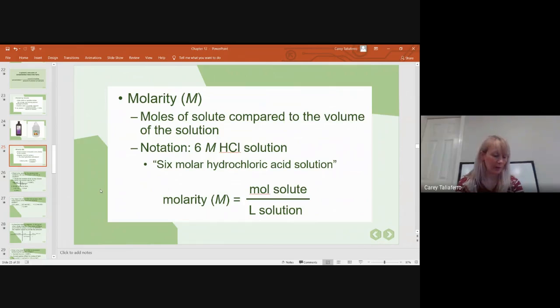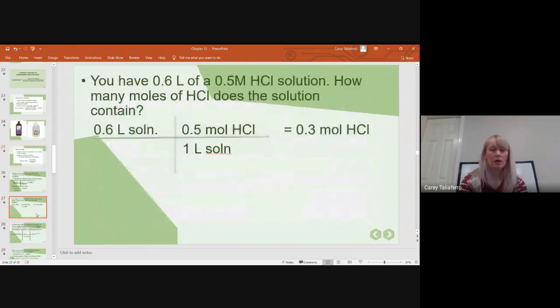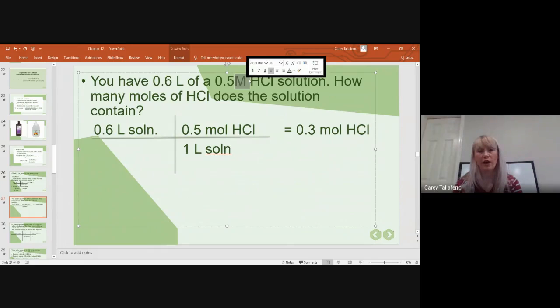Now, in this particular problem, we have a different unknown. We already know the molarity is 0.5, and we know the volume, 0.6 liters.